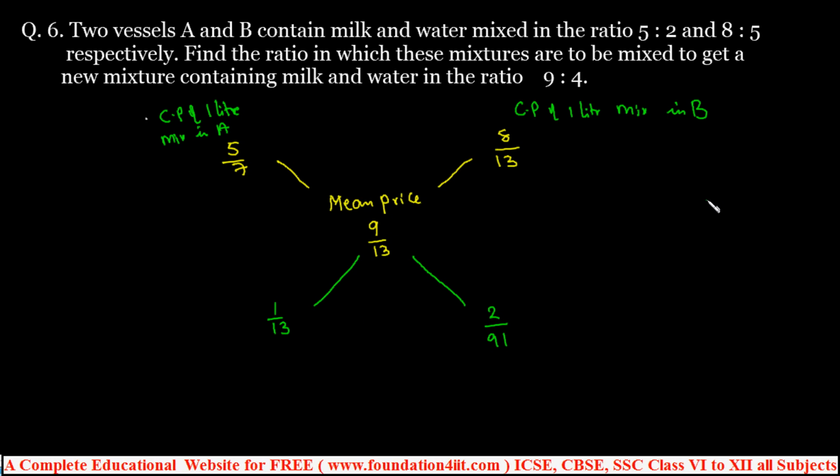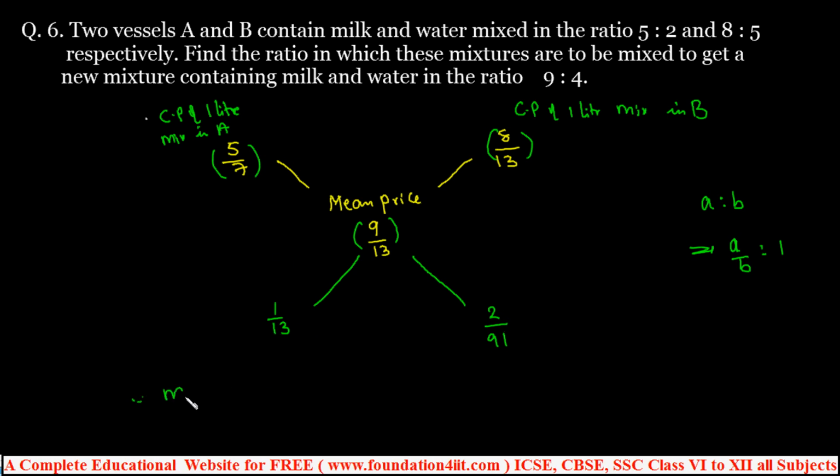Even for example, if A is to B, we can write like this. Similarly, the mean price I took directly, 9 by 13, with 8 by 13 and 5 by 7. So that way you can observe. Now 1 by 13 and 2 by 91 you can write.